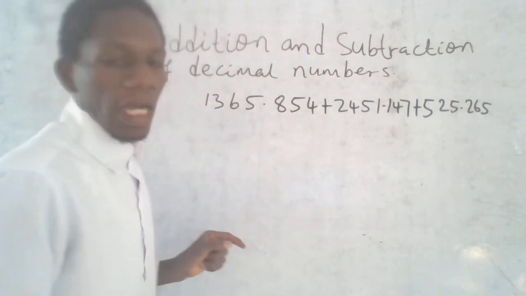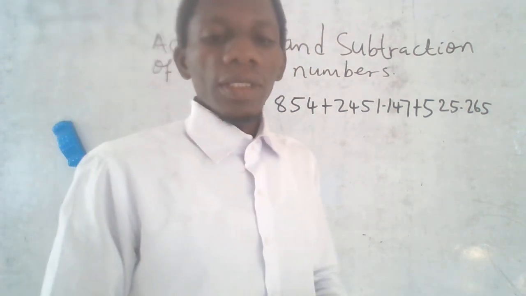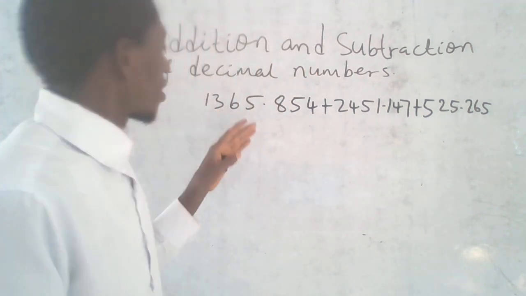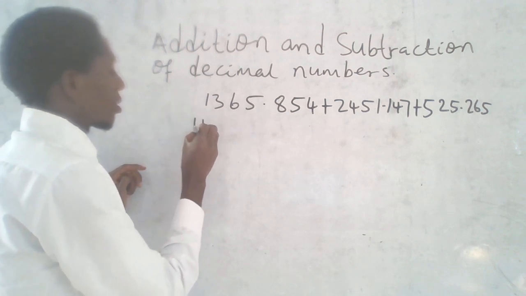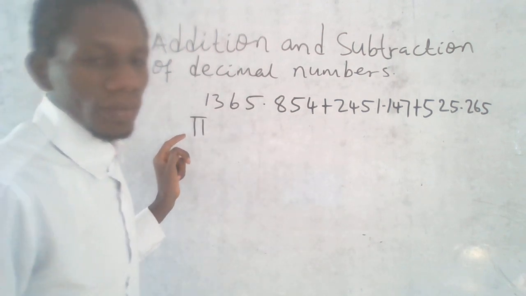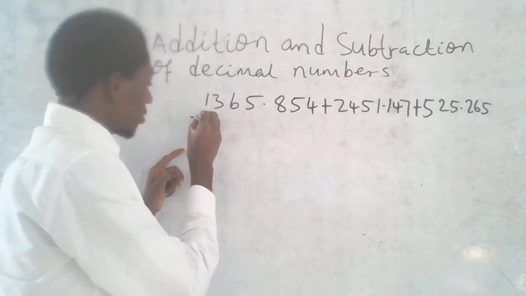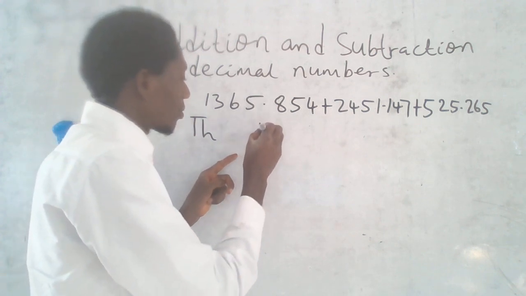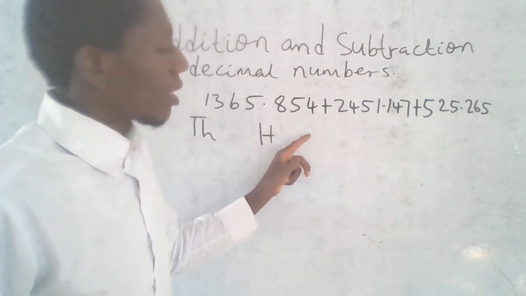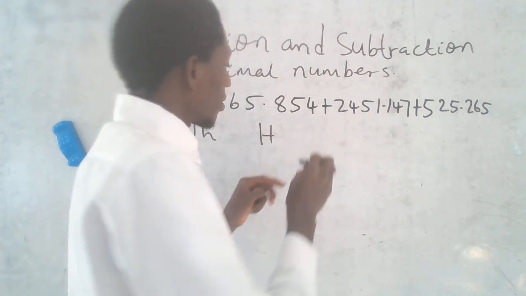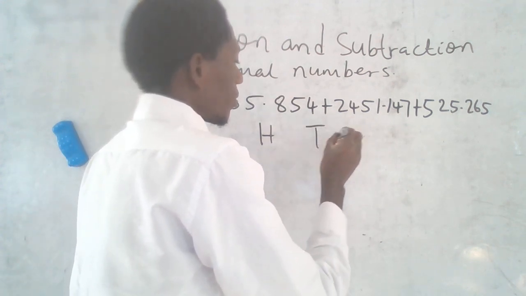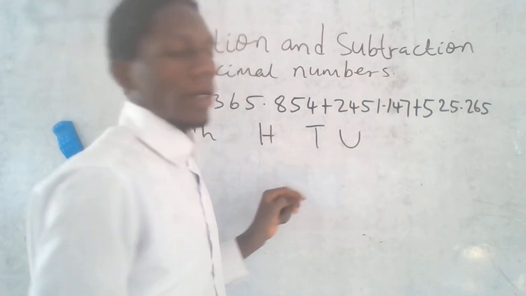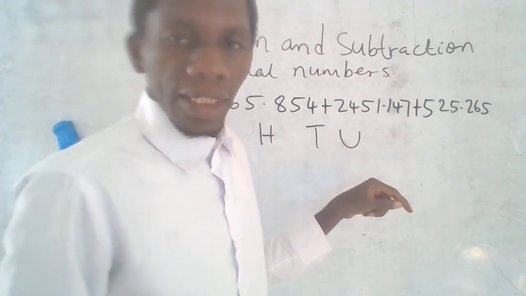So now we can easily arrange these numbers using hundreds, tens and units. So here they are in thousands. So we have thousand, then we have hundred, then we have tens, then we have unit, and also we have tenth.